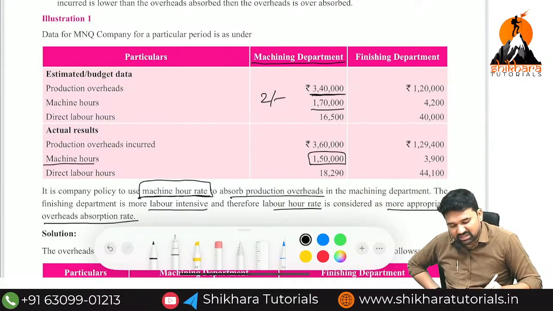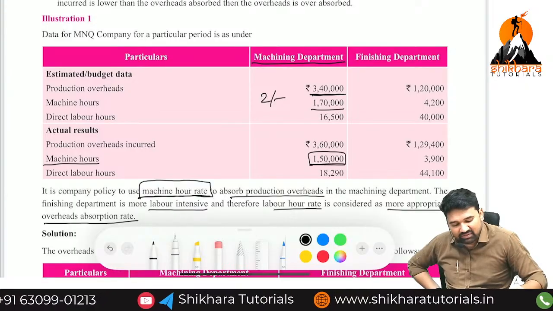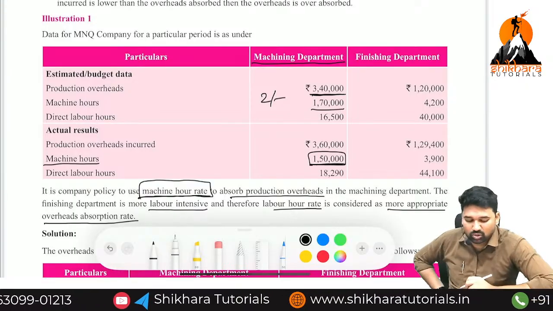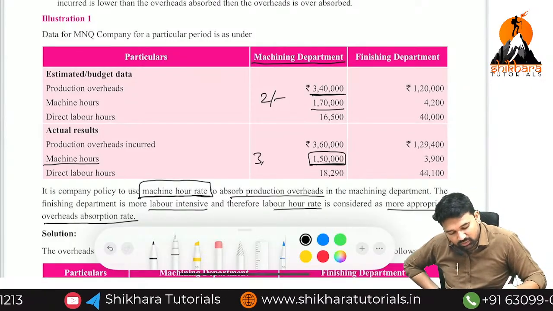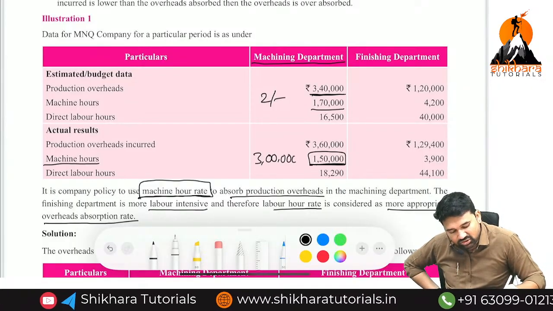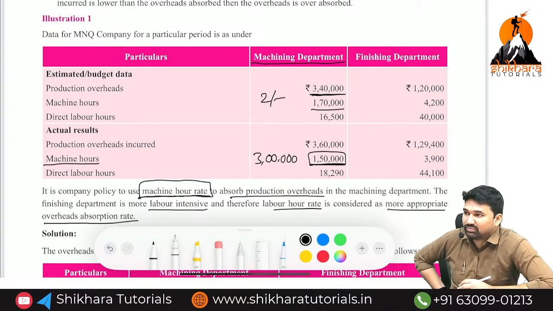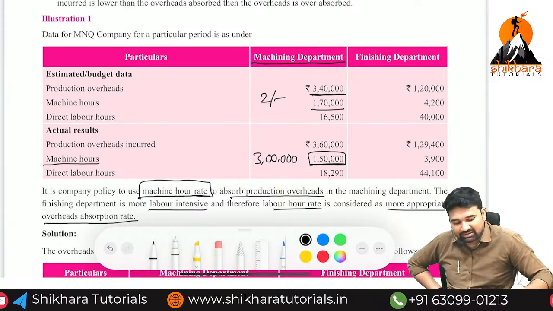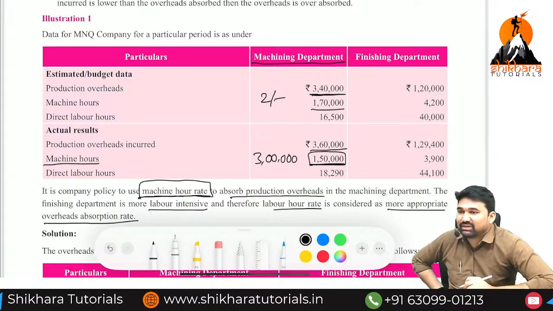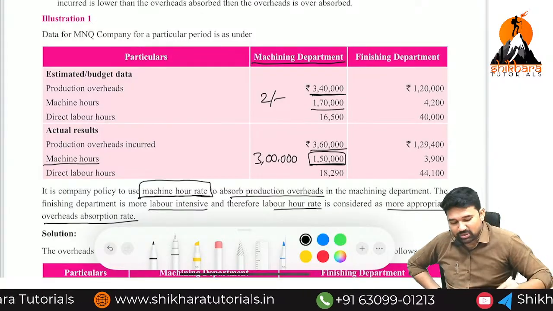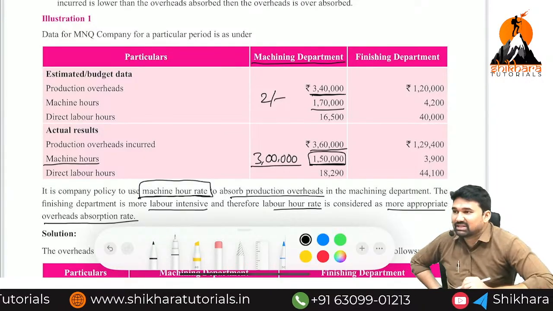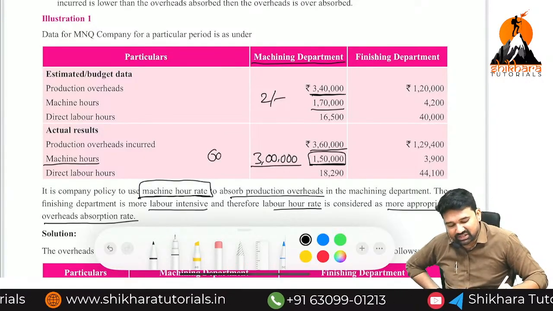Actual machine hours came up to 1,50,000. 1,50,000 into 2 is equal to 3 lakhs. Okay. What is our actual expenditure? 3,60,000. How much are we able to recover? 3 lakh.